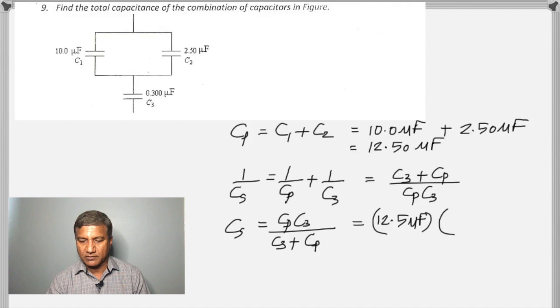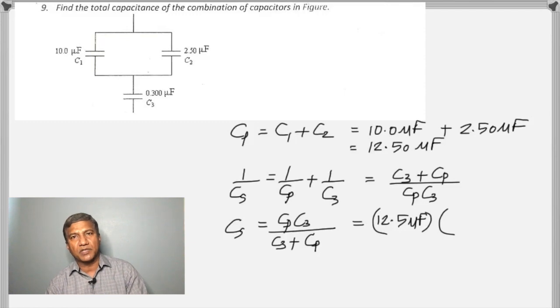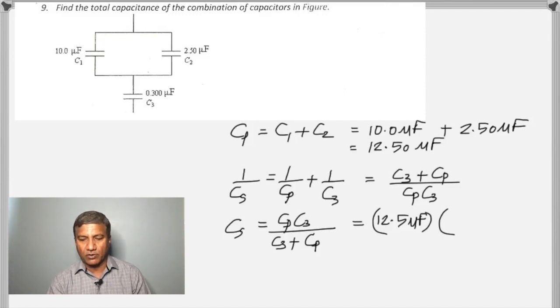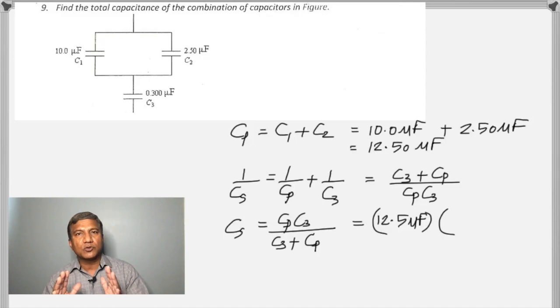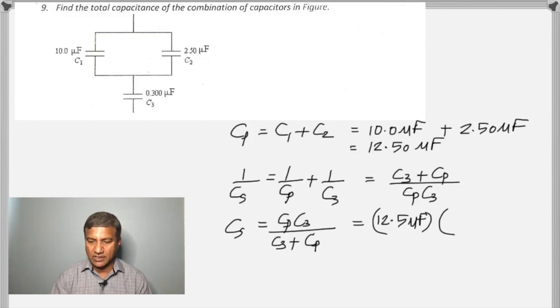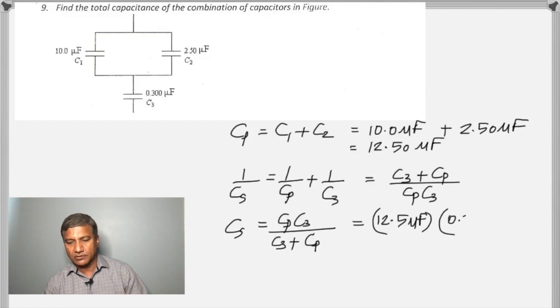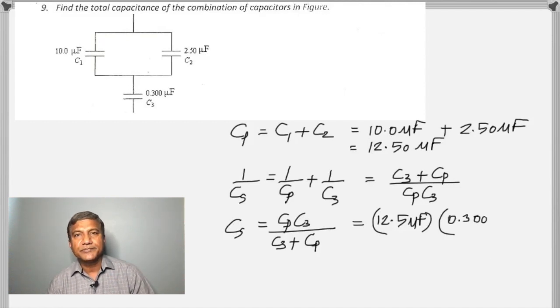When you flip it, why do you have to flip it? Because it's 1 by CS, and we have to get CS, so you got to flip it. When you flip it, the product goes on top, and the addition comes down below. So this formula will always work for two capacitors connected in series. That is, take the product divided by the sum. The product divided by sum. So that's what I'm doing here. The product of the two divided by the sum of the two.